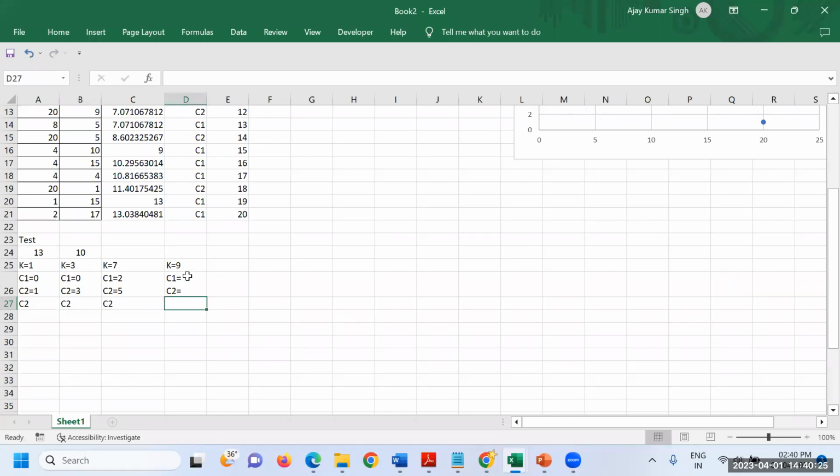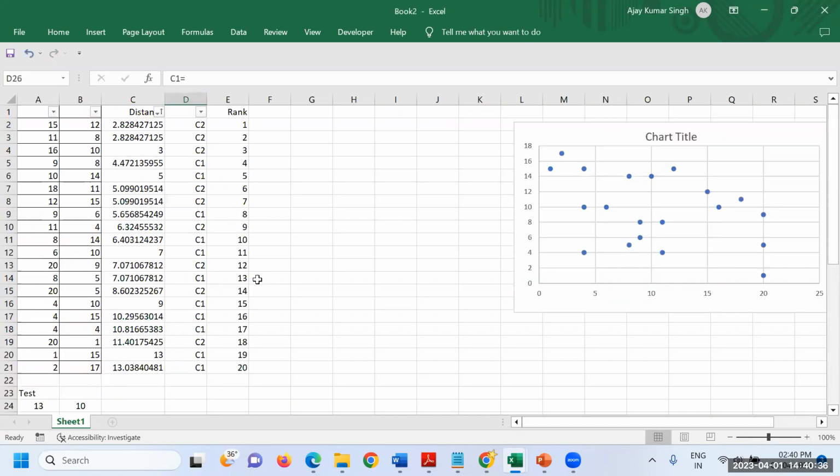Fine. I think you are getting it. Any doubt? Okay. Fine. So what about 9? When the 9 nearest points are taken, 9 nearest points are this one. So how many C1 and how many C2s are there?